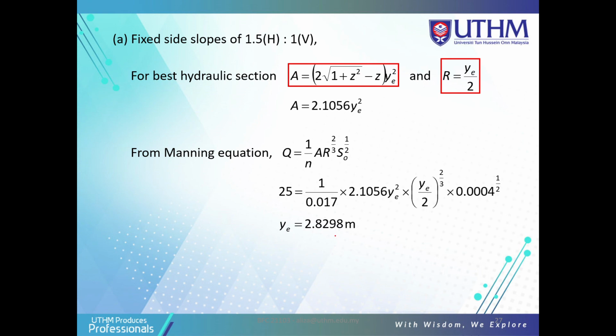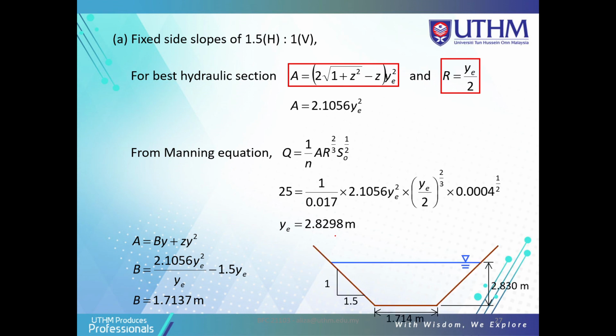Because the question mentions effective, this is more for the best hydraulic section. After you get the YE, just put back the value of B in terms of YE and put the YE there. So you get the B value.